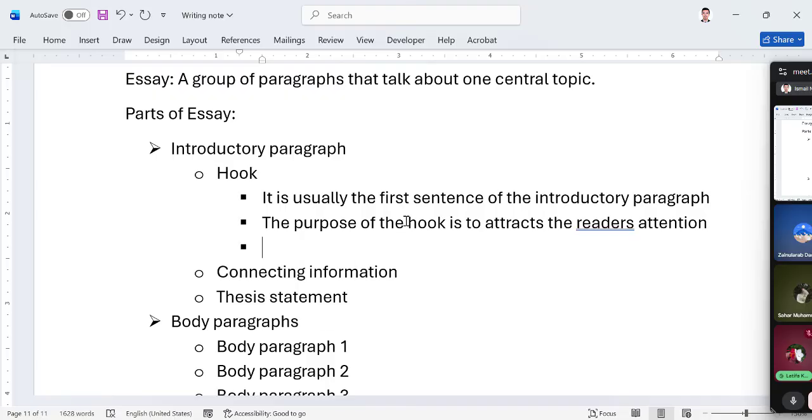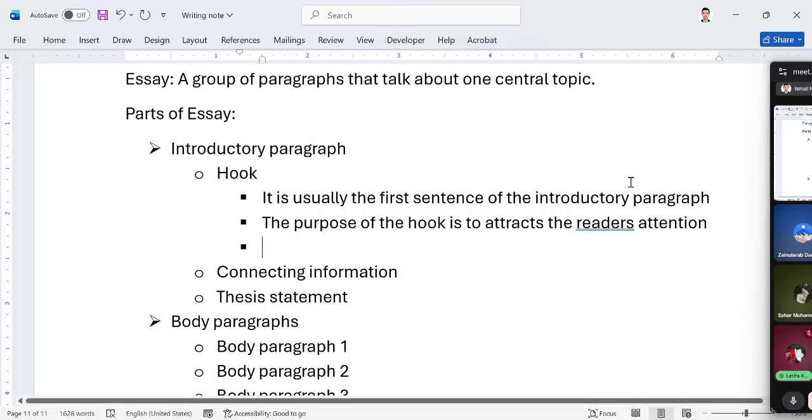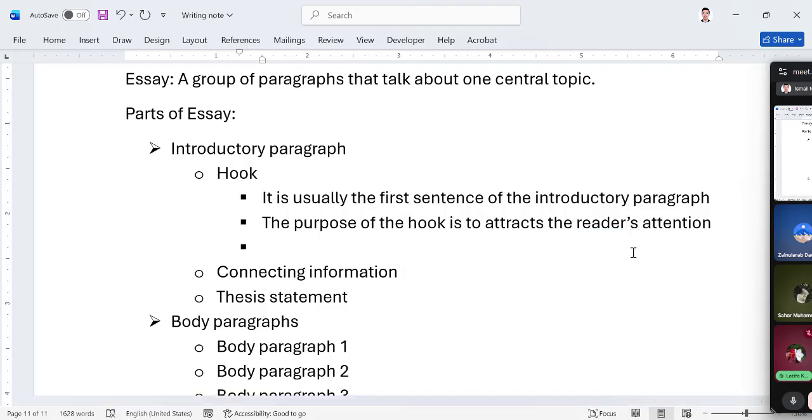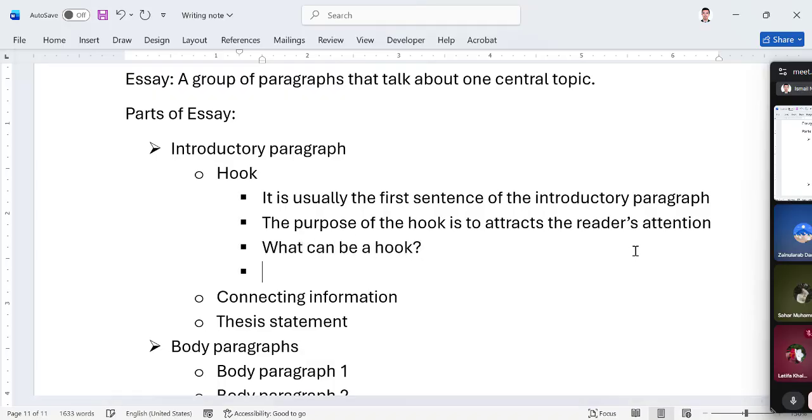Now, the next question is the kinds of hooks. Or simply, what can be a hook and what can't be a hook? That's the next question. It's a good question that needs to be answered, because not every sentence or statement can be a hook.